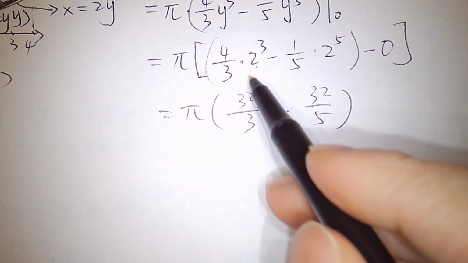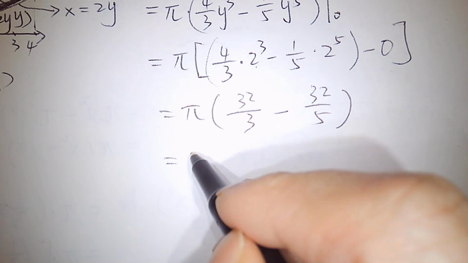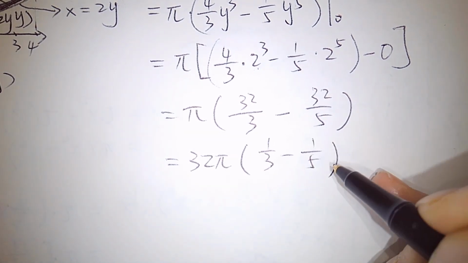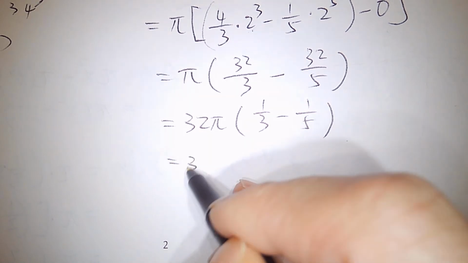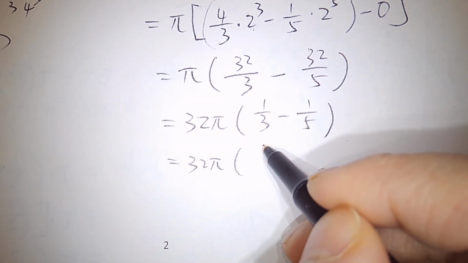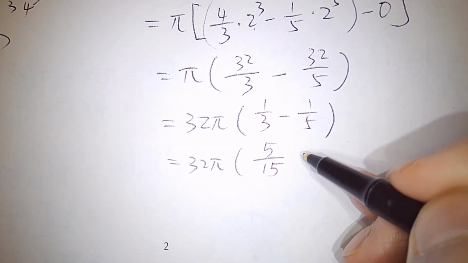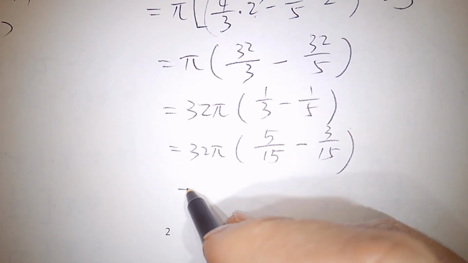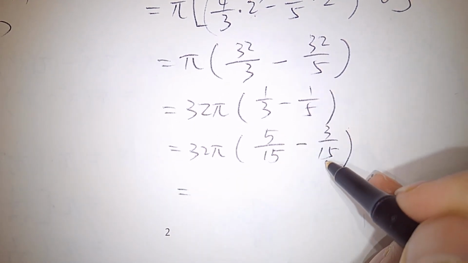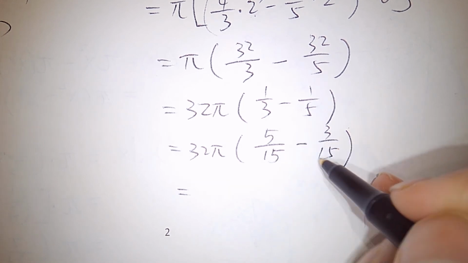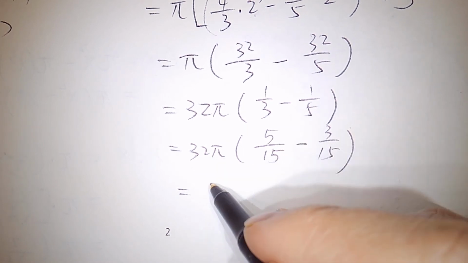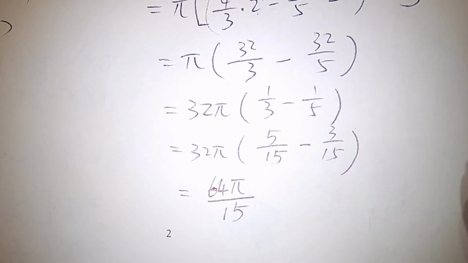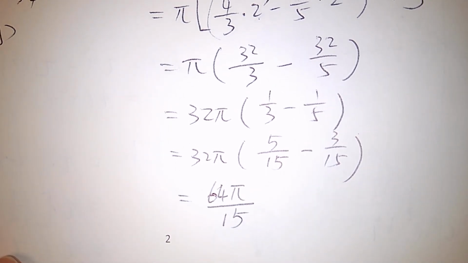So it's 32 pi times 1/3 minus 1/5. That's 32 pi times 5 over 15 minus 3 over 15, which is 2 over 15. 2 times 32 pi is 64 pi over 15. Do you get the same answer?